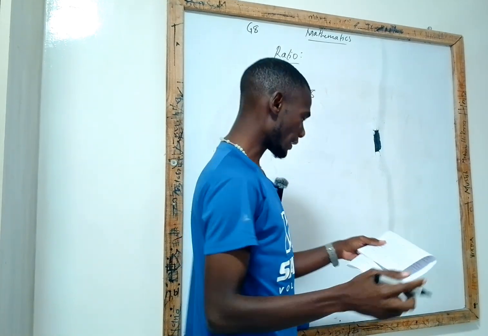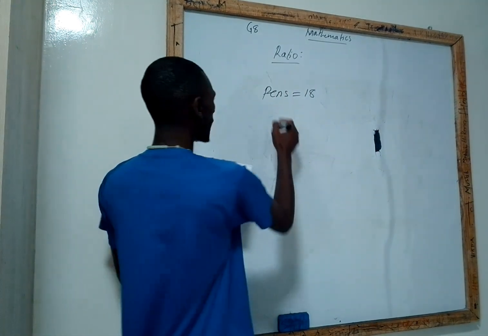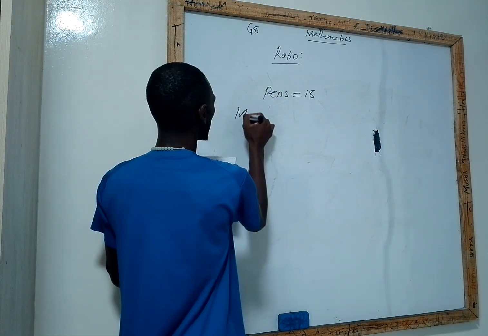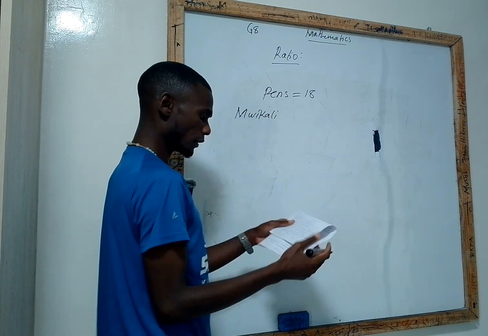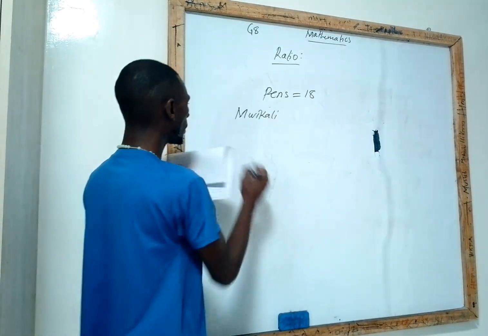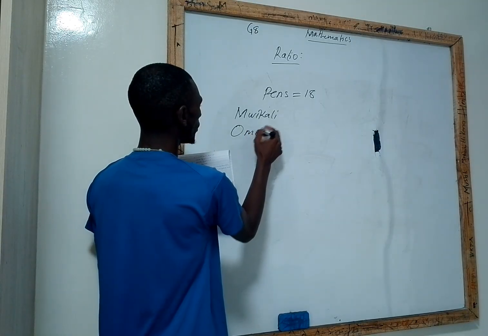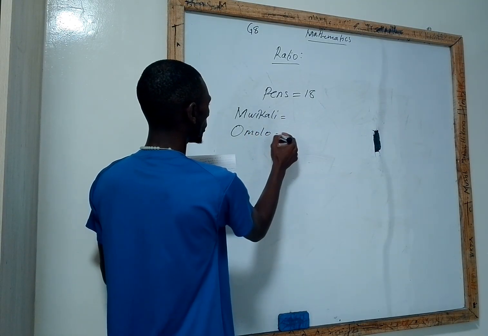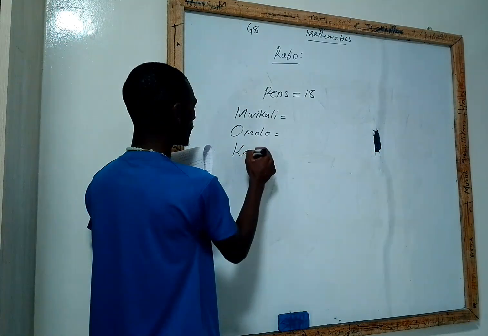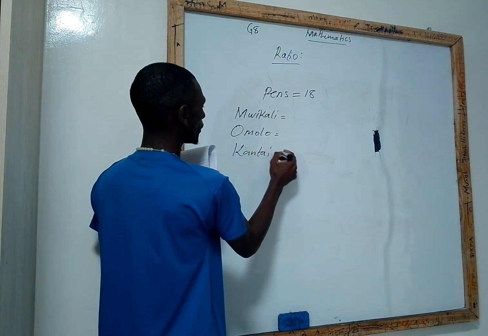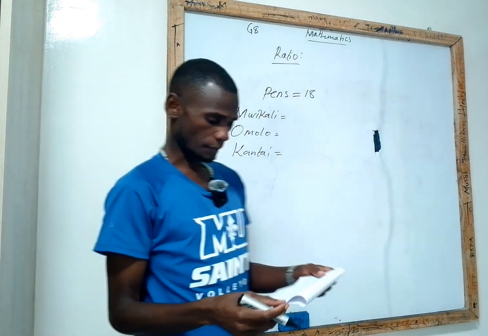So the 3 learners are Mwikali, after Mwikali we have Omolo, and after Omolo we have the last person here called Kantai. So they want to share this thing.